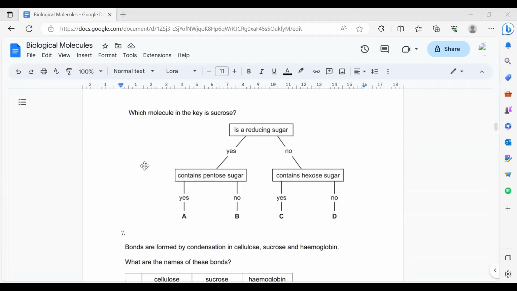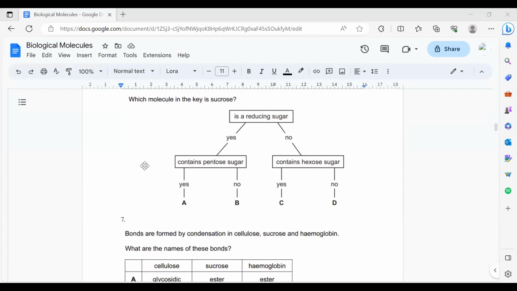Question 6. Which molecule in the key is sucrose? To understand what sucrose is, is it a reducing sugar? Sucrose is not a reducing sugar. In biological molecules in chapter 2, you have to study 3 monosaccharides: glucose, galactose, and fructose.